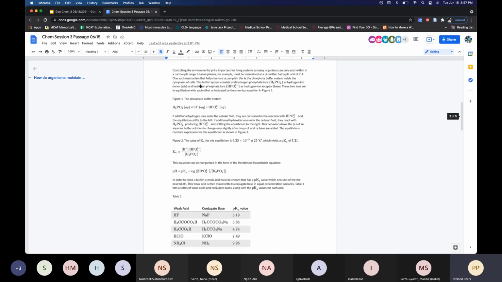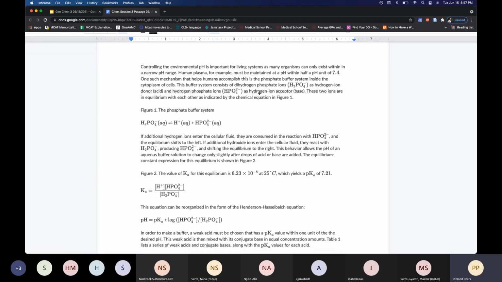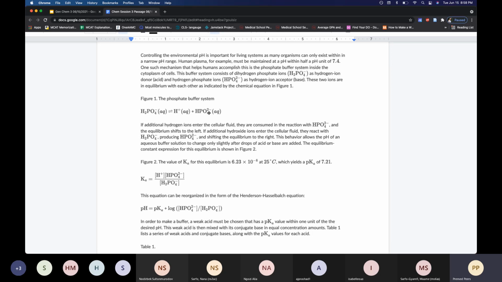So here, it was from a Khan Academy passage, and they talk about the phosphate buffer system, and they tell us, which is pretty nice, which one is the acid, which one is the base, and they also give us the equation. I would also know this because it does come up often usually, and sometimes they're not nice enough to give it.